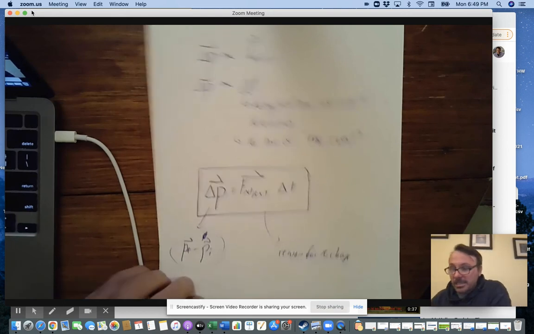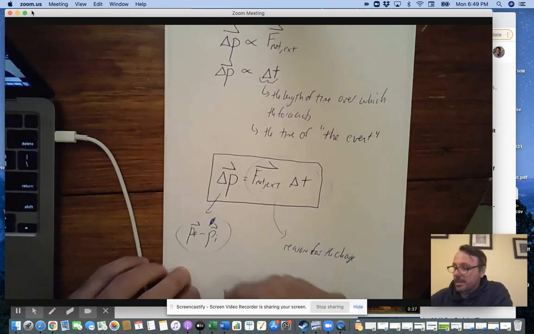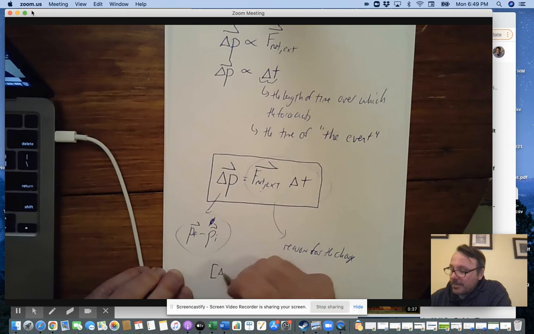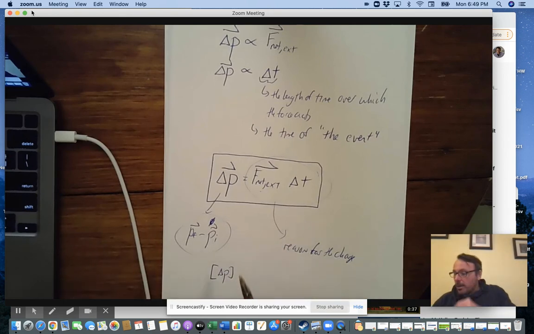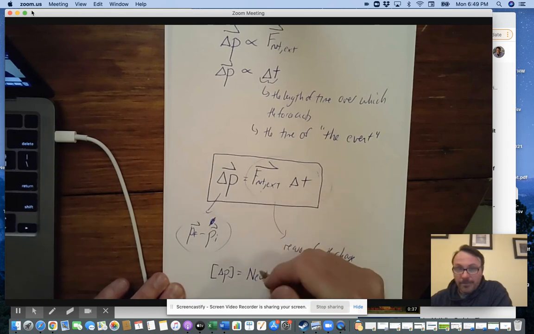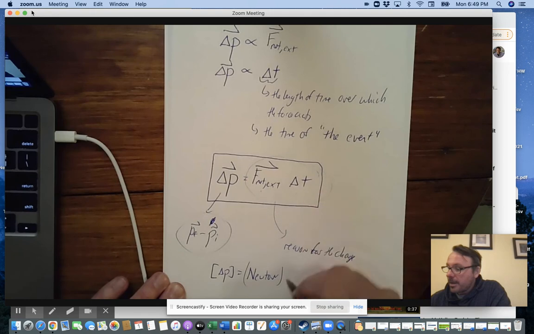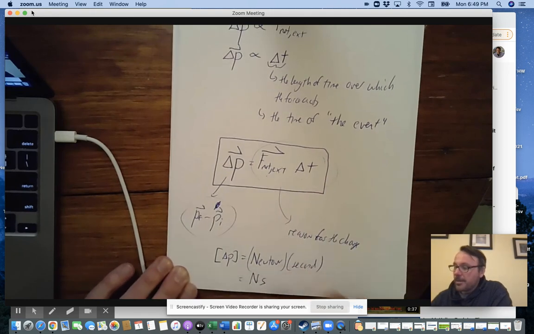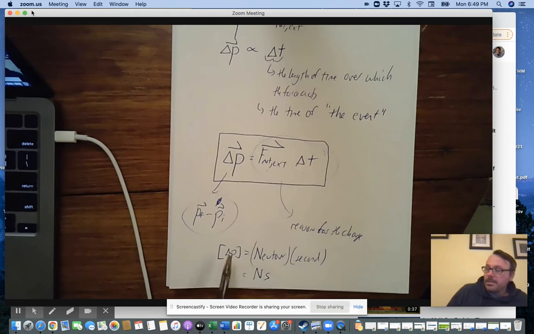The last thing in this section is going to be units. If I look at this, the units of delta P, well, looking at this equation, that looks like a Newton, right, because F net external, times a second, or a Newton second. Now here's the thing. Delta P is going to have the same units as P does, right?